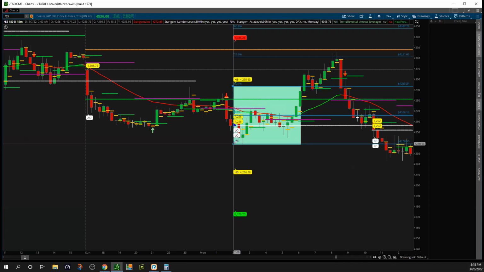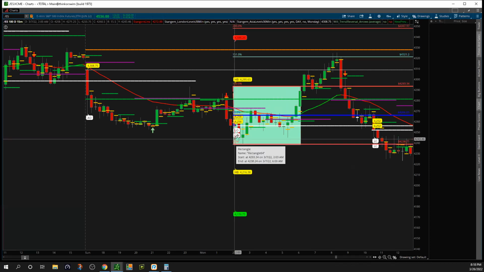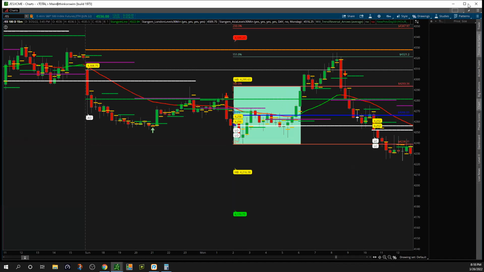All right. Most of the Stangem line is green.